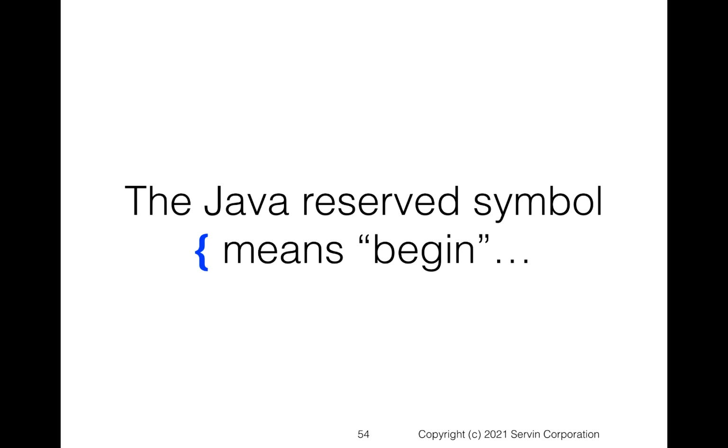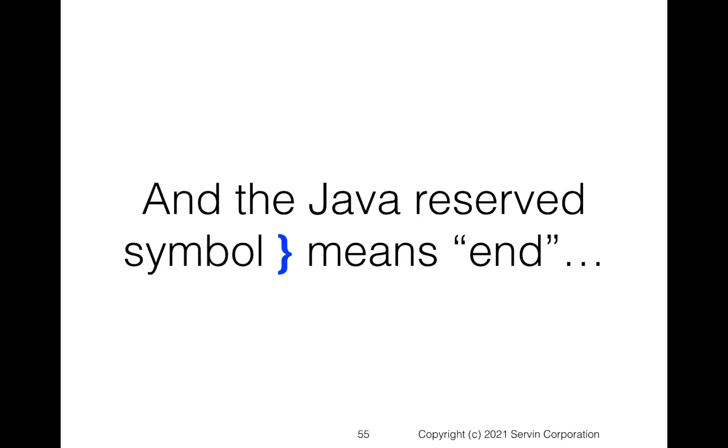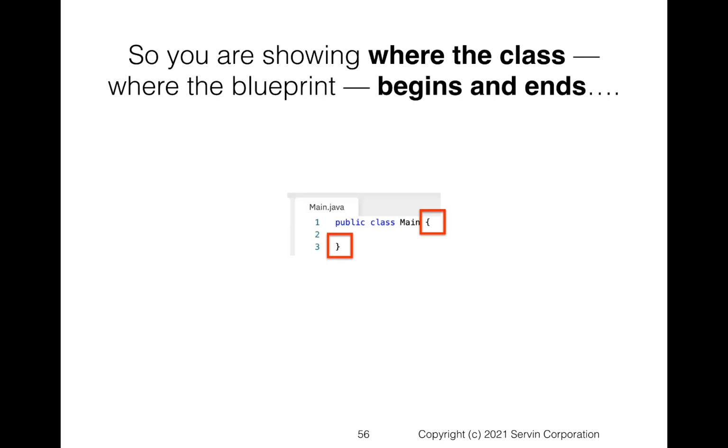This Java reserved symbol, the opening curly brace, think of it as saying begin, and the closing curly brace means end. So basically it's showing the class begins at line 1 and it ends at line 3. And we can put anything we want inside of that class.